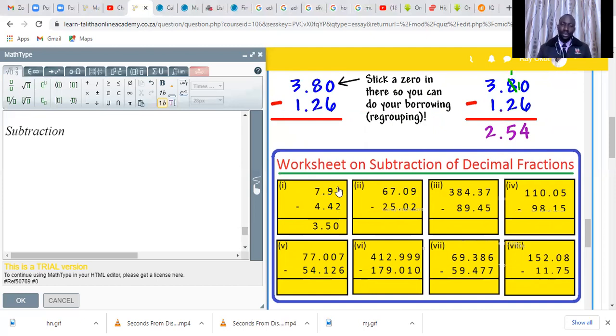How do we subtract? Well, 2 minus 2 is 0. 9 minus 4 is 5. 7 minus 4 is 3. Just remember to drag the decimal point. The rest of the calculation or of subtraction remains the same.